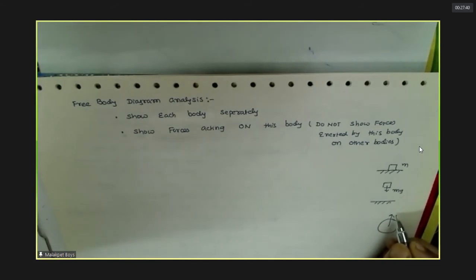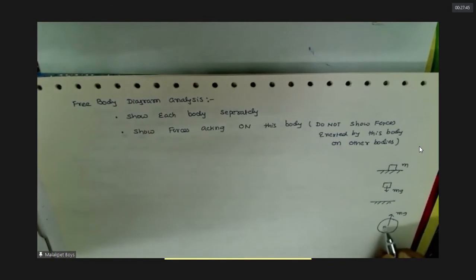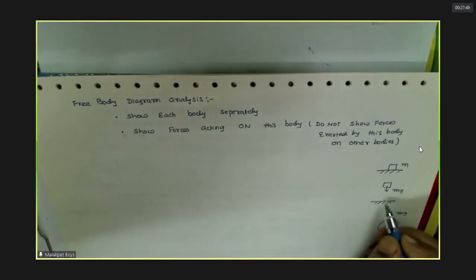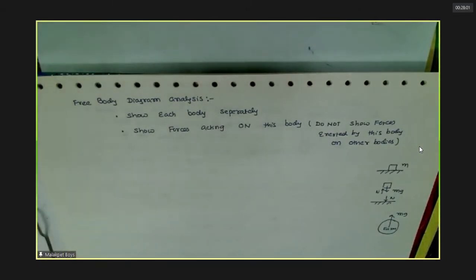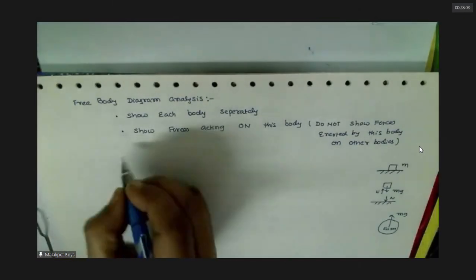This is earth, remember. So this is a table, for example. This is the normal reaction on the table. So these two are action-reaction, and these two are action-reaction. Followed?